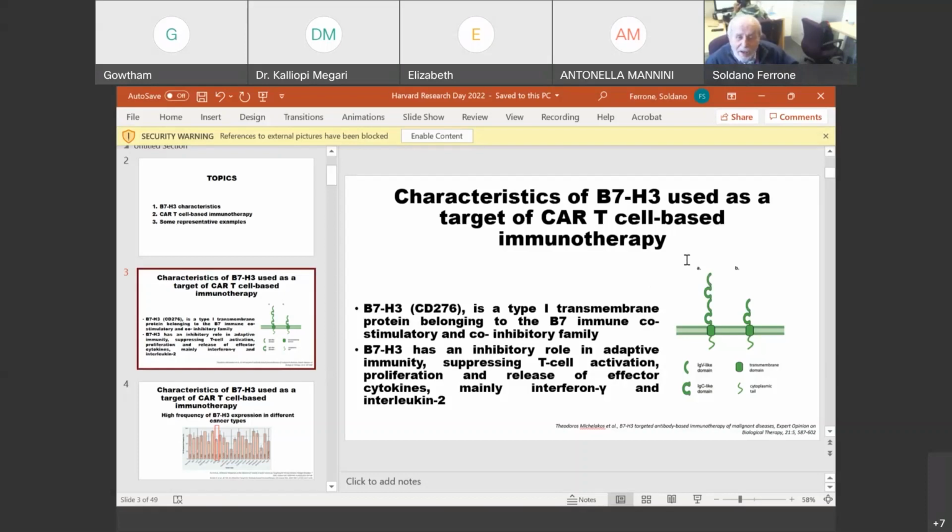But why do we use B7H3 as a target of CAR T cell immunotherapy? Well, in the following slide, I will summarize the reasons why B7H3 appears to be a very useful target for application of antibody-based immunotherapy.